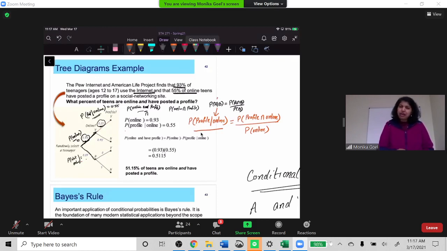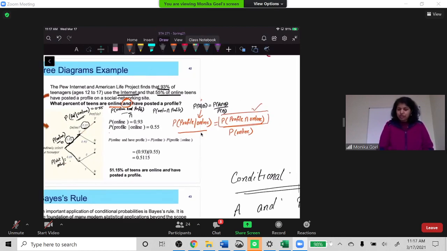Now I will go back to the question and see what my question is asking. The question is asking what is the probability that teens are online and have a profile. So the question is asking me this part. I need to solve this part. To solve this part, I need to know this and I need to know this.